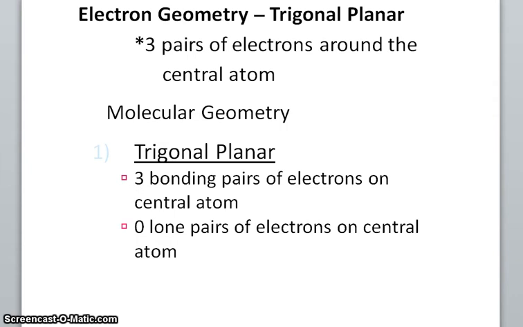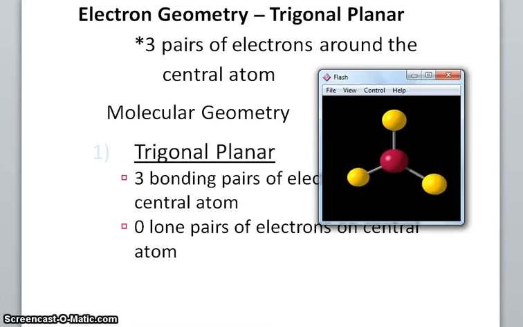Now let's look at an electron geometry that involves three pairs of electrons around the central atom. When we have three pairs of electrons around the central atom, our electron geometry is referred to as trigonal planar. And again, if all the pairs of electrons are bonding pairs of electrons, the electron geometry and the molecular geometry are the same. So we're going to look at a molecular geometry that's referred to as trigonal planar.